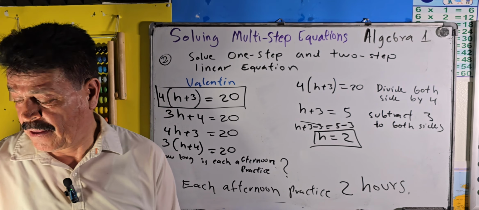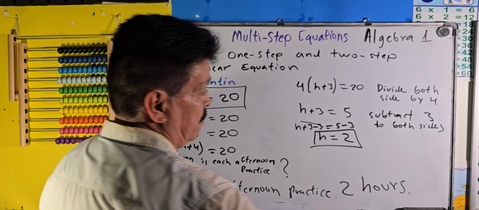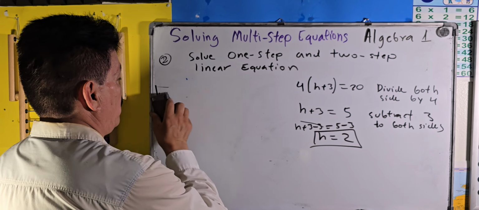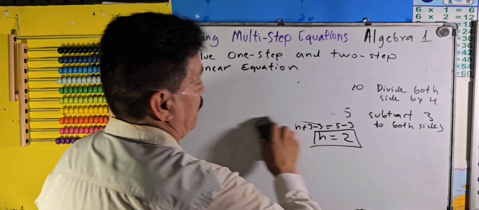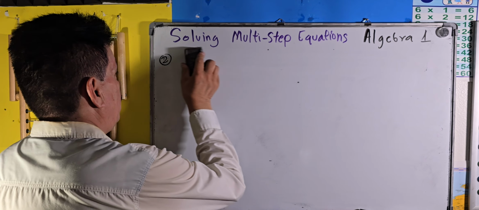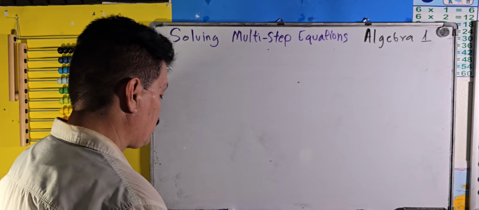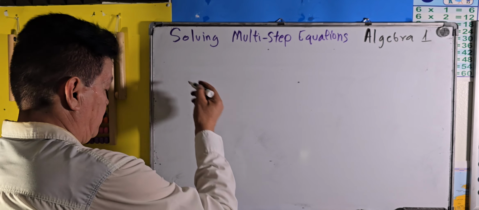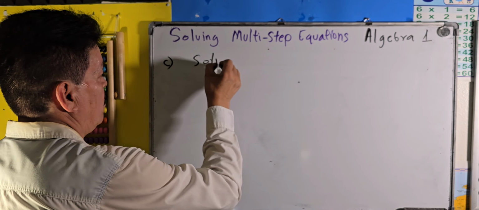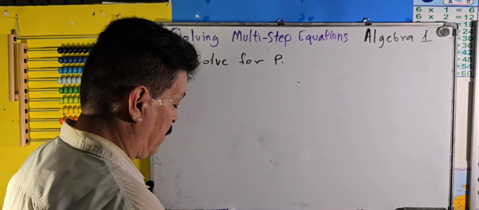All right. It's a word problem. Sometimes we need to understand what we read when we have a problem. So here I will show you one more problem, a third problem. Solve for p. That's what will be our variable.